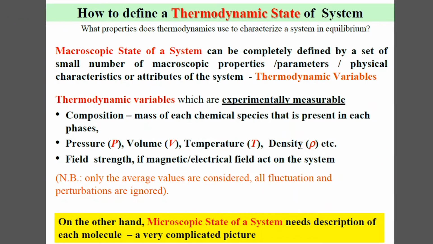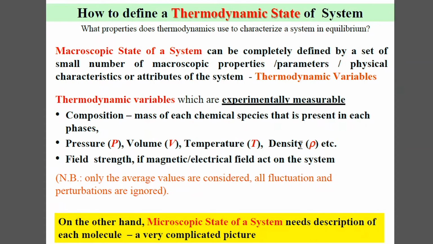Suppose I have a state; that state will have a definite value of certain thermodynamic variables like temperature, volume, pressure. That has to be fixed. These macroscopic properties that characterize the system, the thermodynamic variables, have to define the thermodynamic state.